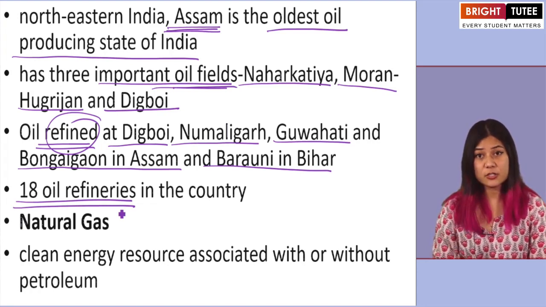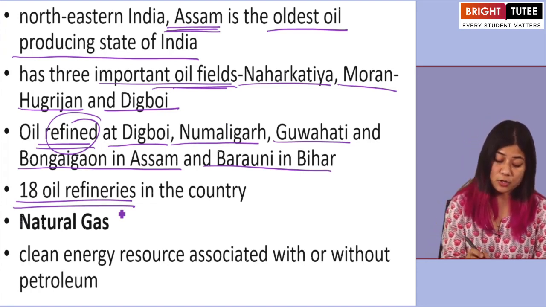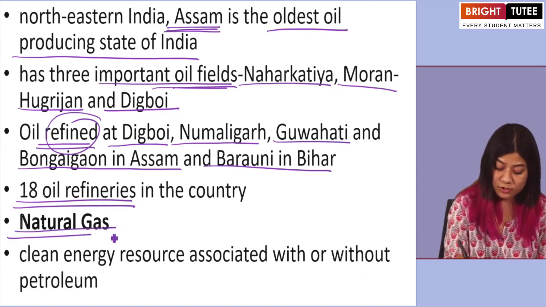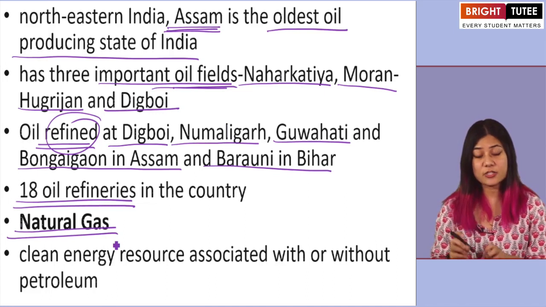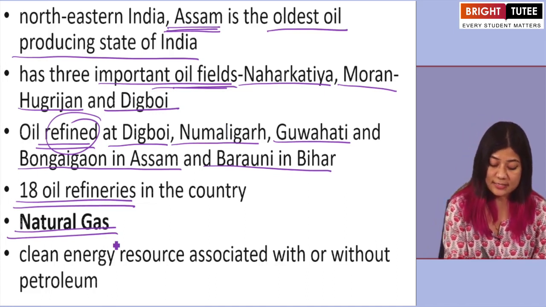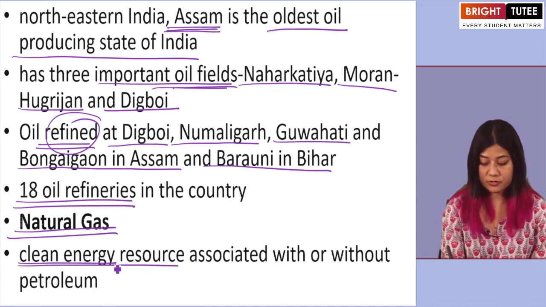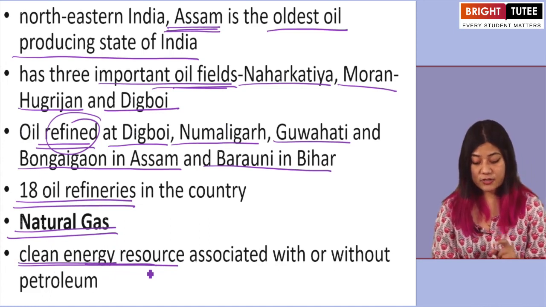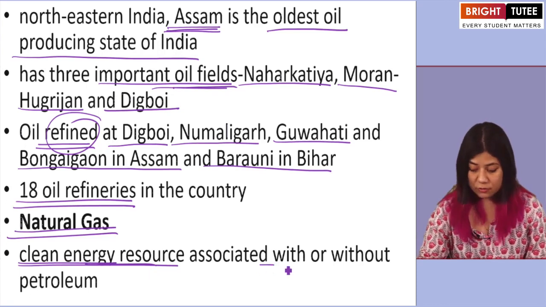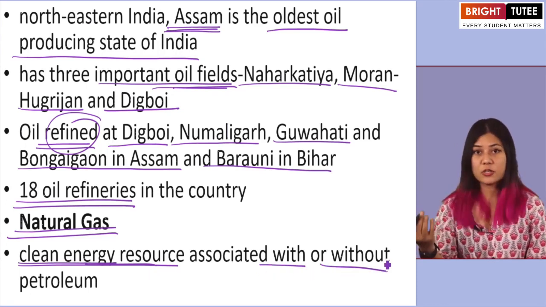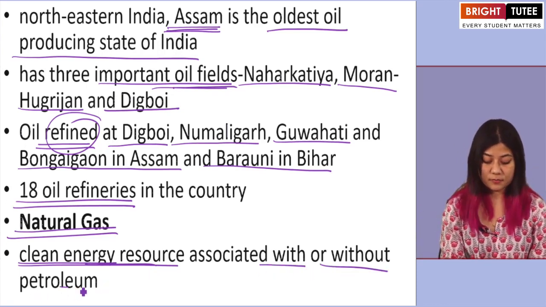Now the third conventional energy source that we are going to look at is called natural gas. Of all the conventional energy sources, natural gas is the clean energy resource. This energy resource can sometimes be associated with petroleum, or it may not be.